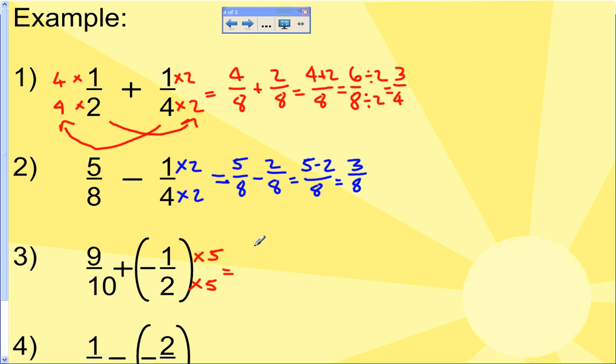So that's going to give me 9/10, because I didn't do anything to this fraction, plus negative 5 times 1 is 5. 2 times 5 is 10. So I have 9/10 plus negative 5/10. So that's 9 plus negative 5 over 10. 9 plus negative 5 is 4.